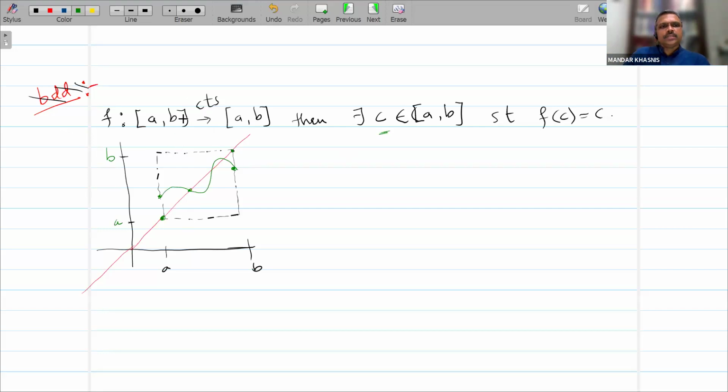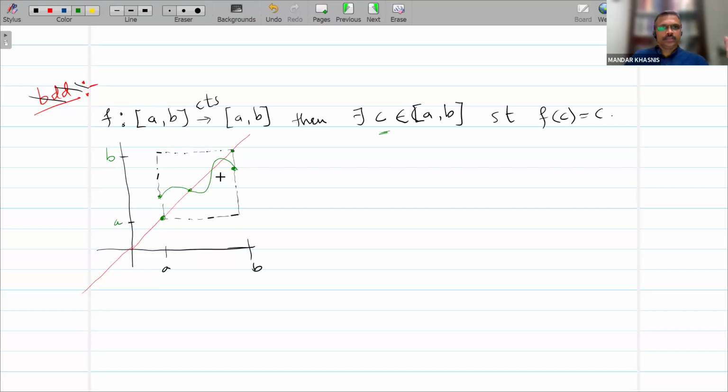Now my question is, try to see what happens if we change, for example, our codomain to [a, b), or if we change the intervals to unbounded closed intervals, say [a, infinity). If we have that to itself, continuous, does the result hold?